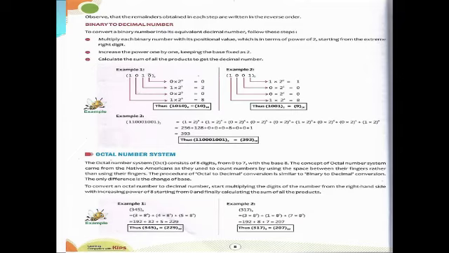Then 3 multiplied by 8 power 2, 8 into 8 is 64, and 64 times 3 is 192. Then add 5, 32 and 192.